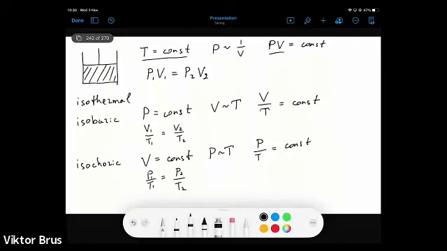Taking this into account, based on empirical observations of experimental results, we can summarize all these features obtained for three different processes: isothermal, isobaric, and isochoric. And as a summary of this information, we can now write the equation of state of an ideal gas, which is a very important equation.